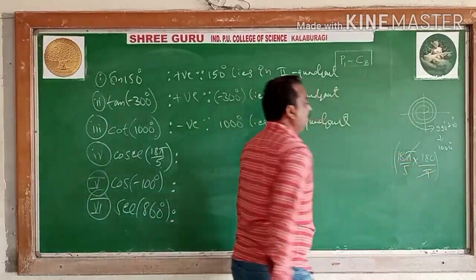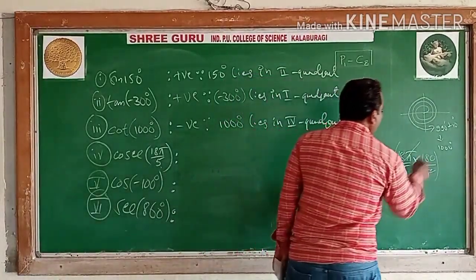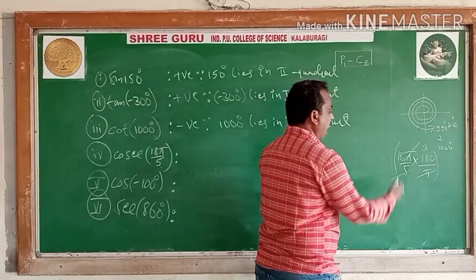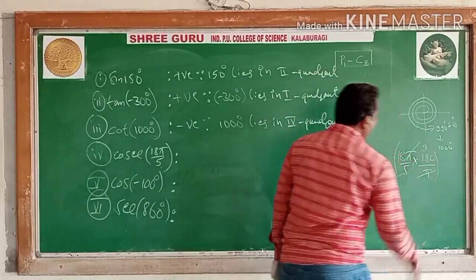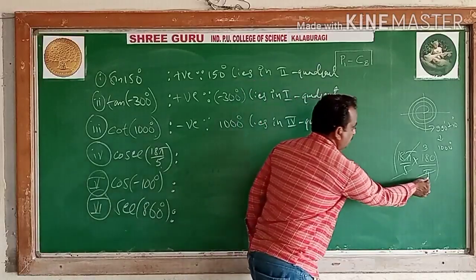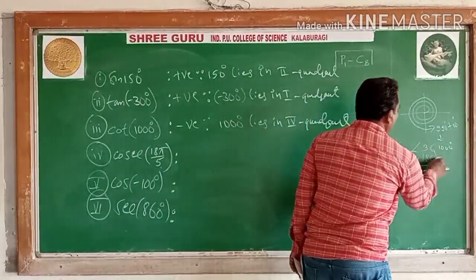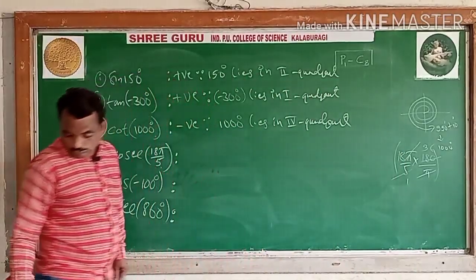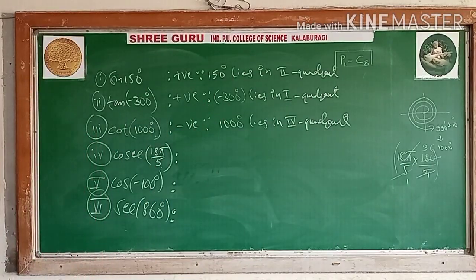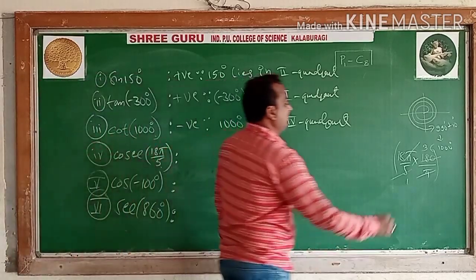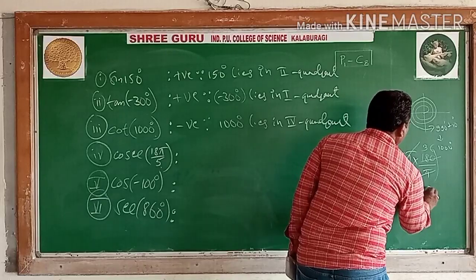Pi and pi get cancelled. 5 into 3 is 15, 3 remains 36. So 36 into 18, see how much it becomes. 36 into 18 is 648 degree.